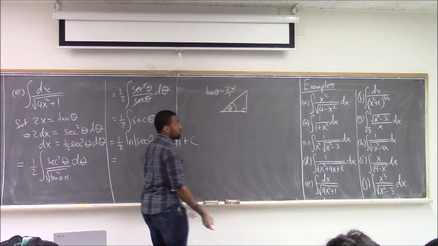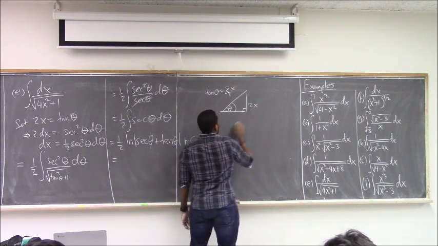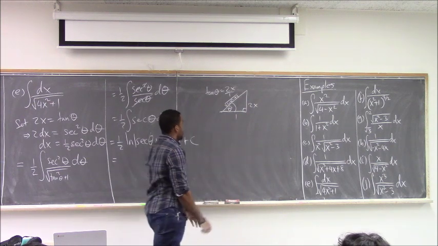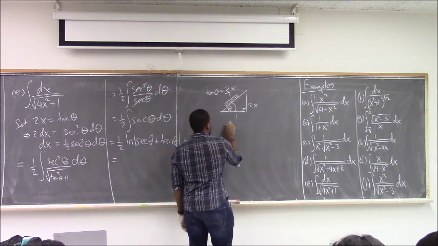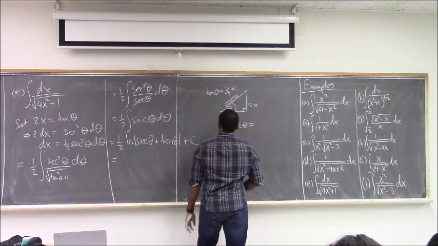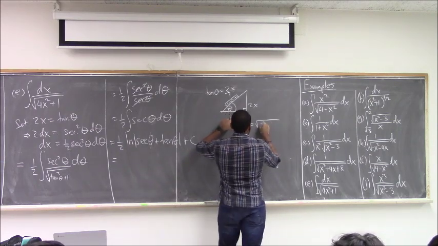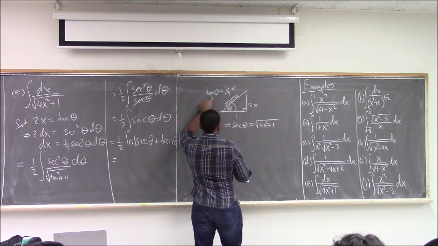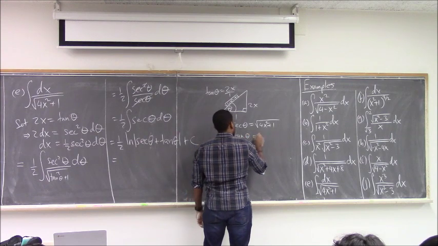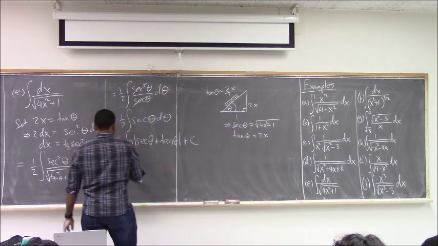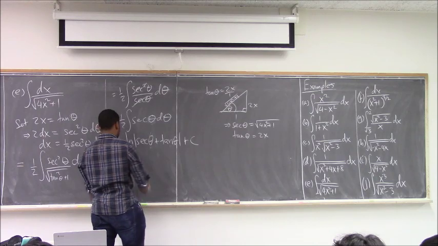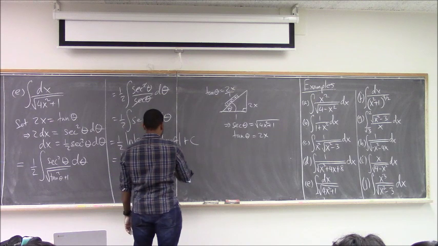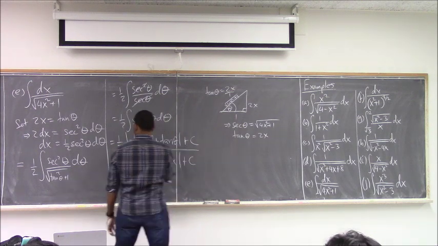Of course, think of this as 2x over 1. That's opposite over adjacent. This would be the sum of the squares square rooted by Pythagoras' theorem. Therefore, I can say my secant is going to be hypotenuse over adjacent. And my tangent, well, my tangent is 2x, as you know. So I go here and I plug those in. ln of square root of 4x squared plus 1 plus tangent 2x plus c.